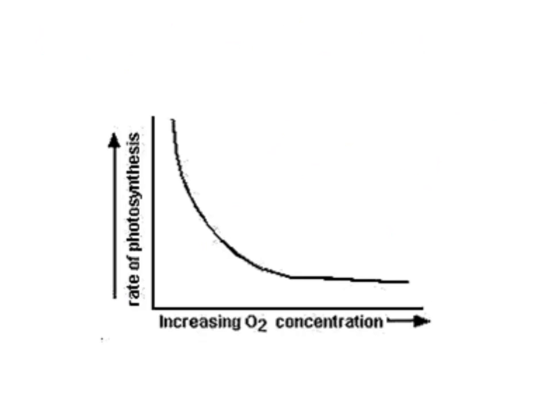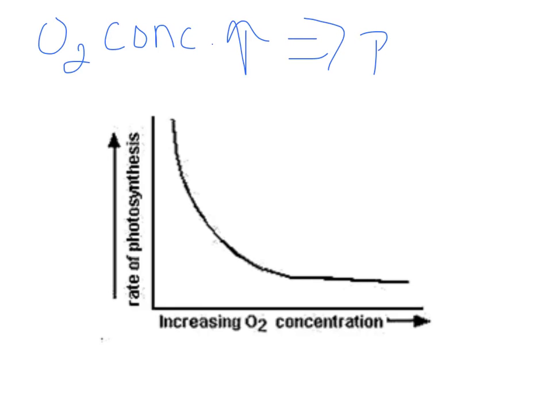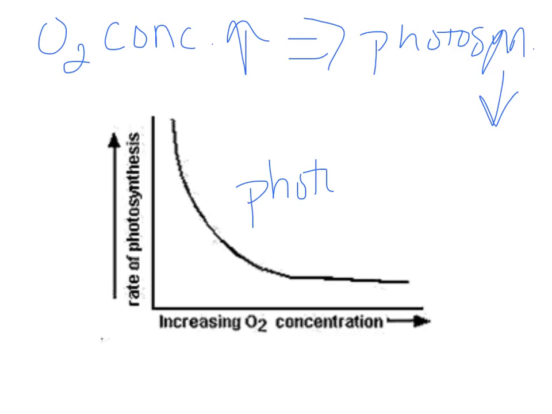Okay, and the last one that was mentioned was the concentration of oxygen. So O2 concentration. And if you look at your graph here, you'll notice as O2 concentration increases, photosynthesis actually decreases. So essentially a buildup of oxygen inside of the leaf for some reason is going to decrease photosynthesis because it's going to cause something called photorespiration to happen.